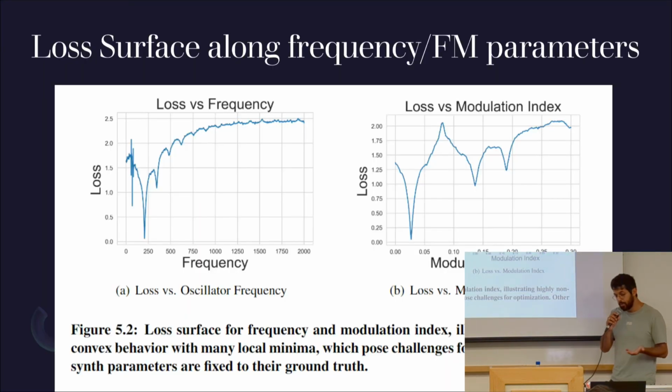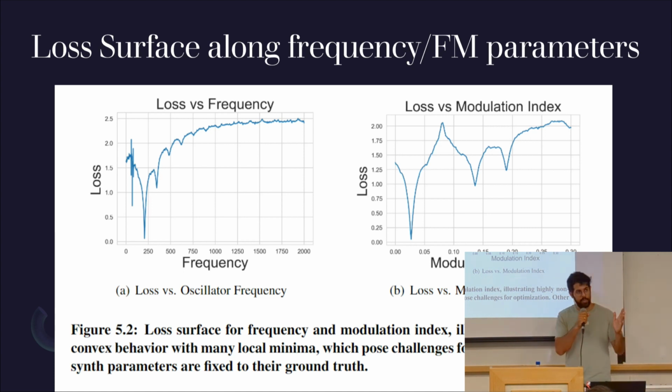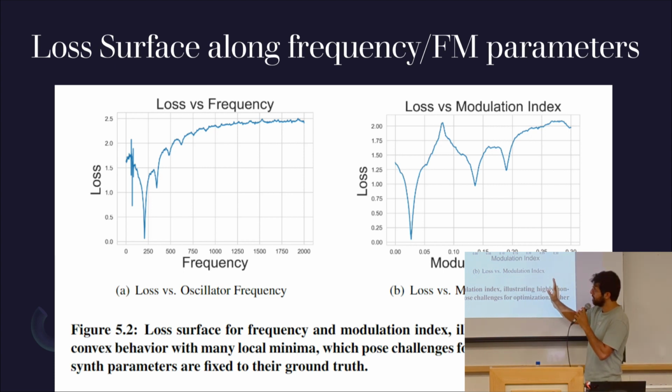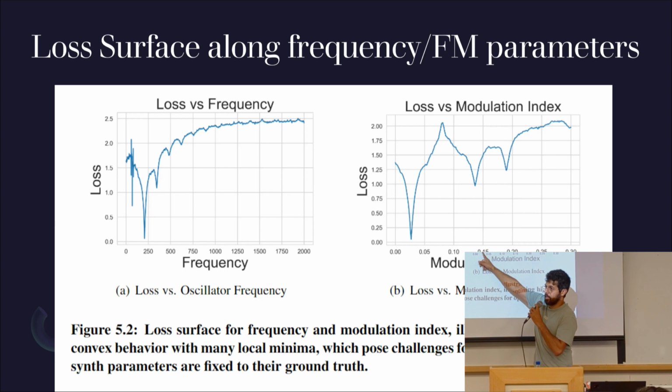And we realized something very interesting. If we fix every parameter to the real truth, and then only take the modulation index, which is an attribute of the frequency modulation, we see the loss surface along this parameter, this graph. Again, everything is fixed except this attribute, and then we pass along all the possible values, and we get the loss function. So the real value lies in the deep, at the global minimum.